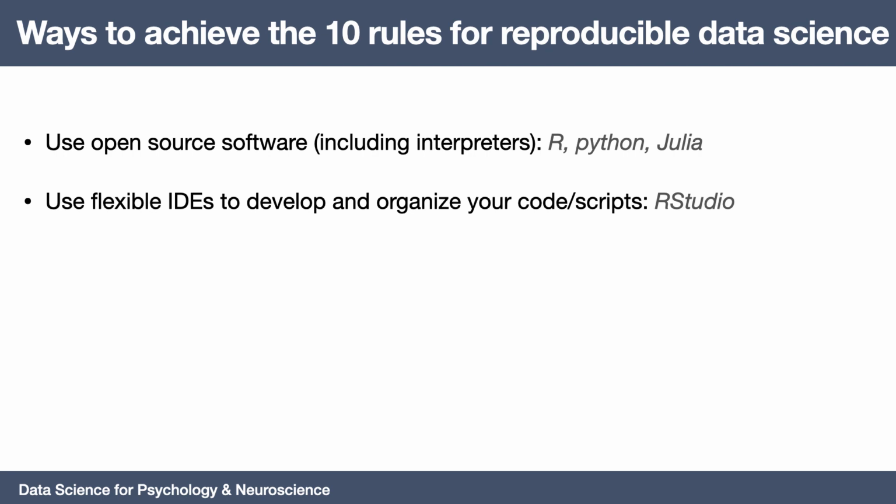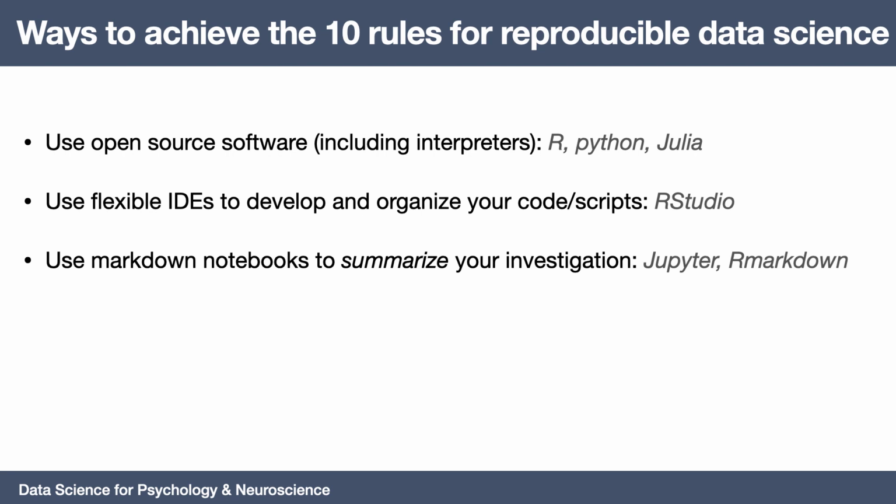You want to use this because it helps you think about the process of working with your data in a holistic way, as opposed to a script that you separately run on a command line, then you have to open up the plots through a Finder. Everything should be developed in a flexible IDE. It's also really useful for debugging because a lot of IDEs that you'll use, particularly RStudio, allow you to pause your code so you can stop around a bug and try to figure out what the bug is.